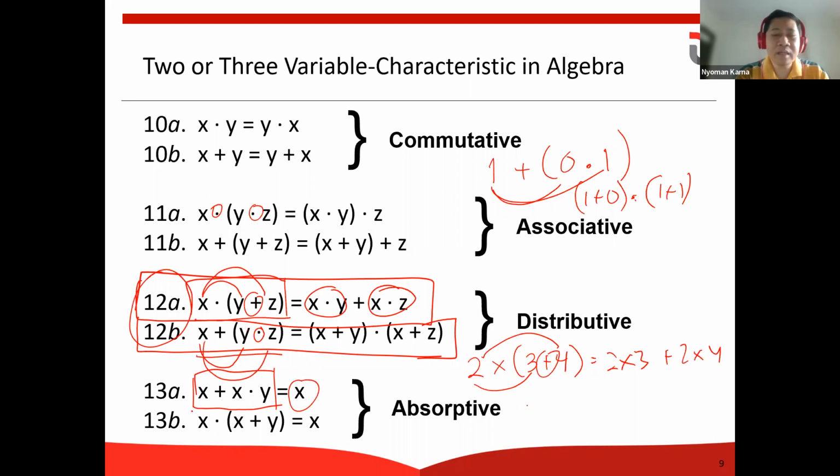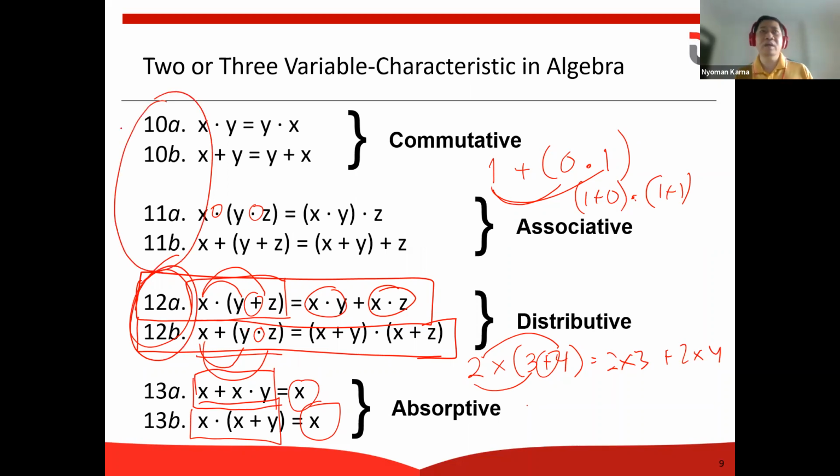And then x times x plus y is actually x. But you don't have to remember the absorptive because we can prove it later using the distributive and also associative. You just need to remember this one because the commutative and associative are actually given by the regular algebra.